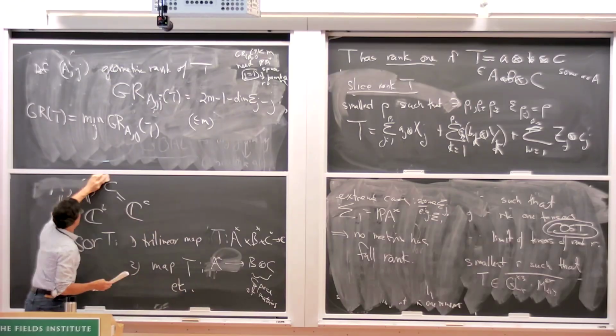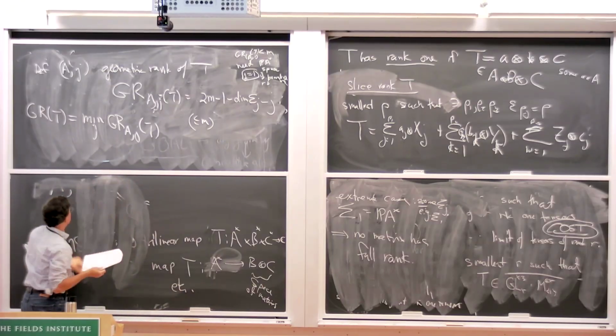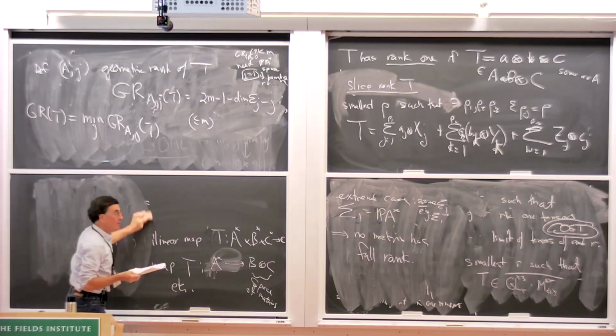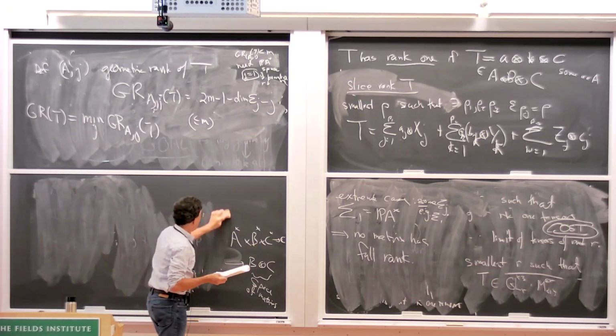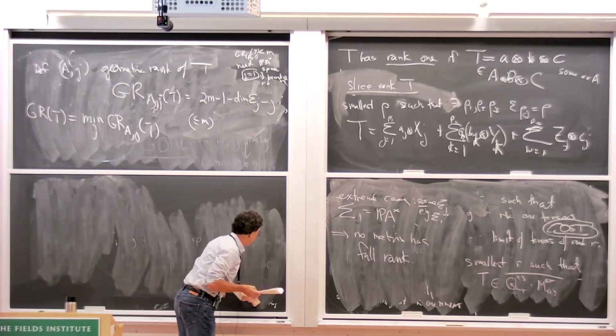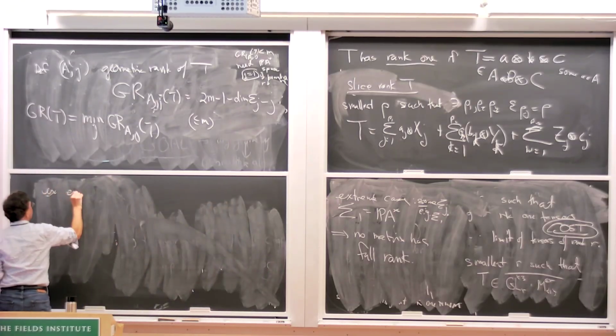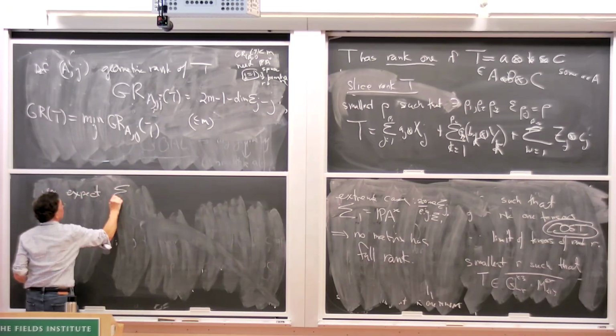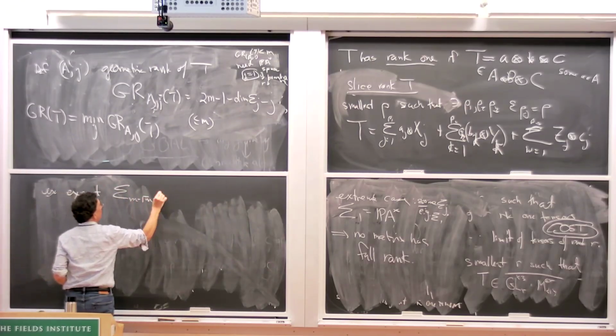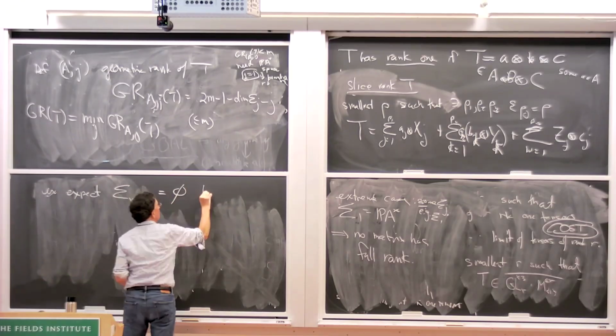So you look at this definition, it looks strange, especially if you know the codimension of the degeneracy loci are expected, for example, to be like m minus square root of m, to be equal to the empty set.